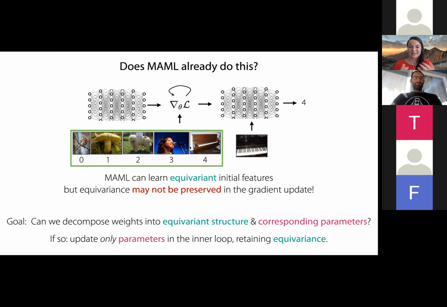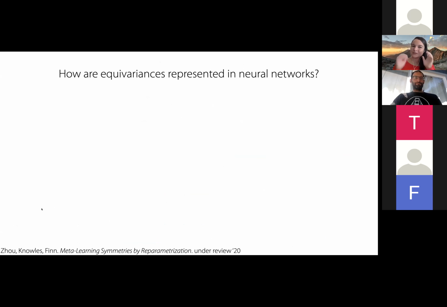Essentially embedding that into the architecture itself and allowing it to retain and preserve that structure throughout the learning process. And this should allow us to generalize to data points that are transformed according to the equivariance that it learns. Okay, so this is at a high level what we're going to try to do. So how might we actually do this?